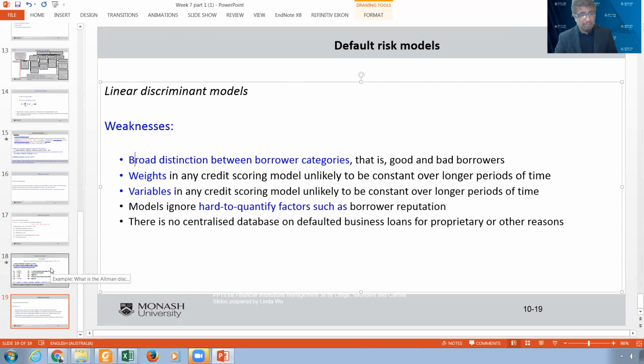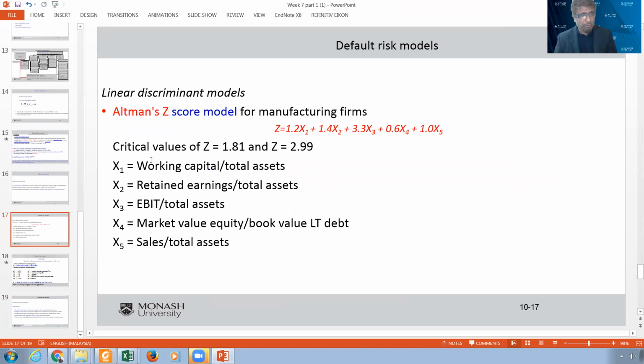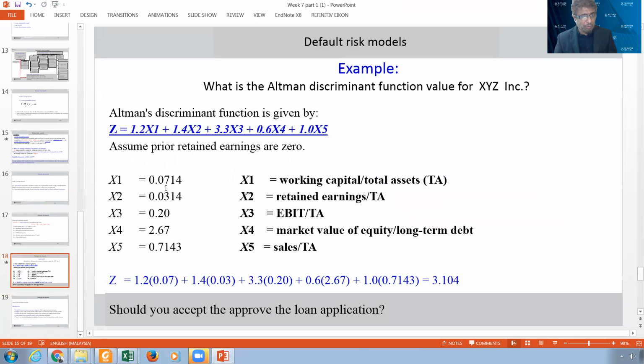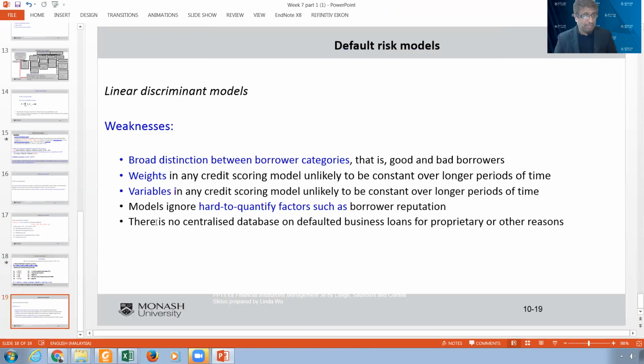But actually, if a group of banks or a bank started to follow the Altman Z, they have to go and do the same methodology, and maybe they will come with different coefficients instead of 1.2, 1.4, based on their probability setting. So this is the second weakness.